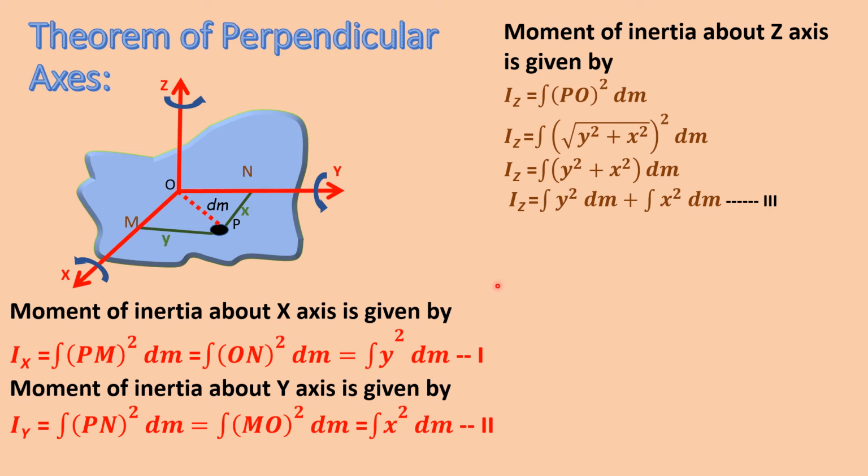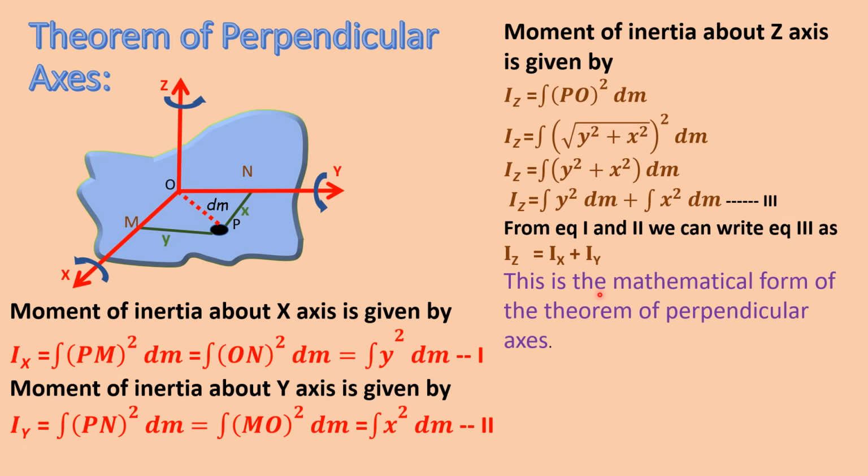Now from equation 1, integration of y square dm is nothing but Ix, and from equation 2 integration of x square dm is nothing but Iy, and hence we get Iz is equal to Ix plus Iy. So this is the mathematical form of the theorem of perpendicular axis.